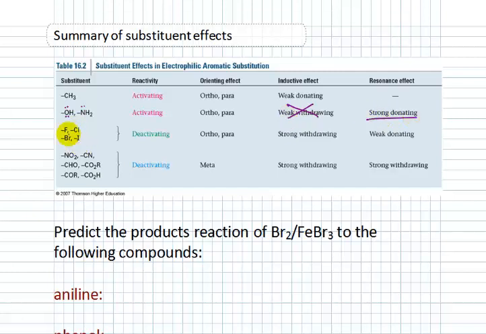The deactivating groups, like the halogens, they're still ortho-para directors because of resonance, but they're deactivators because of their inductive effect. Okay? The meta directors, right, they're deactivators because they have strong withdrawing inductive and strong withdrawing resonance effects. Okay, so that's about it.